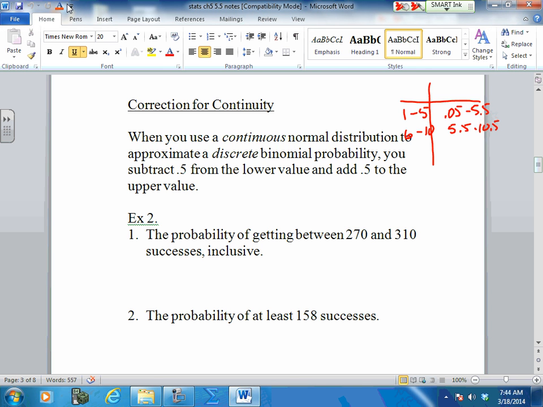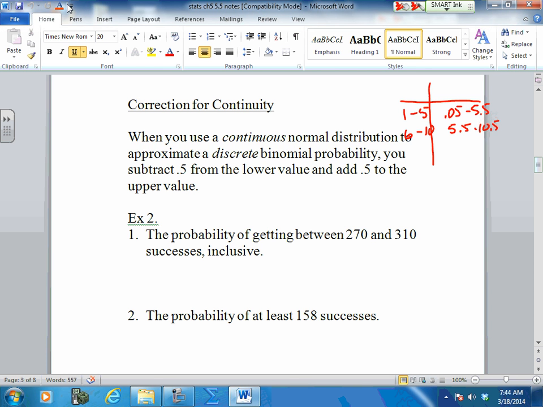So the best way to do that is to work your numbers out the way you see them on a number line. If you look in the book, it's kind of not that obvious, but you can kind of see where your bars are.